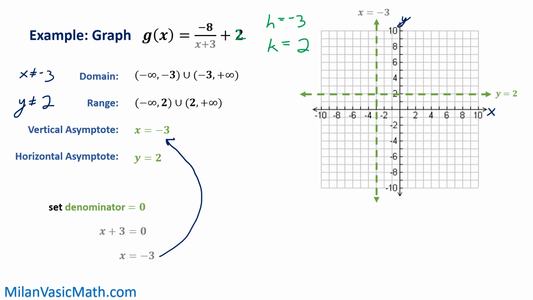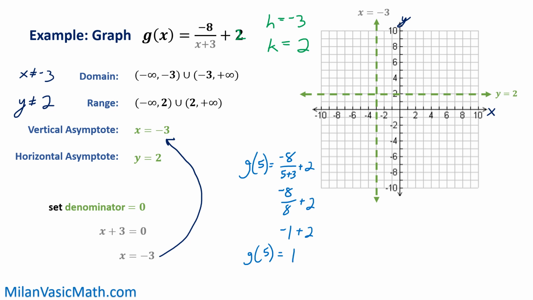Now we need to pick x values to the left and the right of the vertical asymptote. 5 would be a great number to pick, because if you think about it, g of 5 would equal -8 divided by, so we would have 5 plus 3 in the denominator, plus 2, and that would give me -8 divided by 8 plus 2, so -1 plus 2 gives us that g of 5 equals 1.